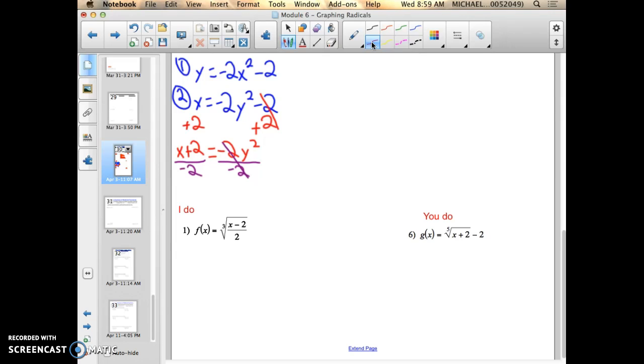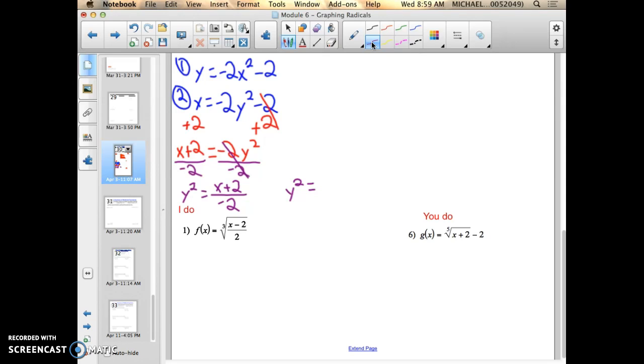All right? So finally, my y is almost by itself. I'm going to rewrite what I have right here. I have y squared equals x plus 2 over negative 2. Now, the x plus 2 over negative 2, you could rewrite it as y squared equals, both of these pieces can technically be divided by the negative 2.